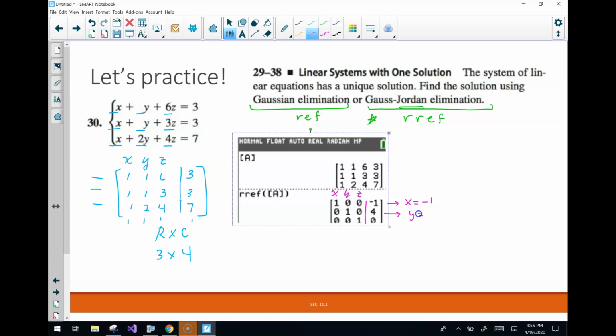Then row 3, we get z is equal to 0. Now, in solving our system of equations, we are looking for that ordered triple x, y, z, and we have our values found. x is -1, y is 4, and z is 0. And there's our solution, the quickest using RREF.